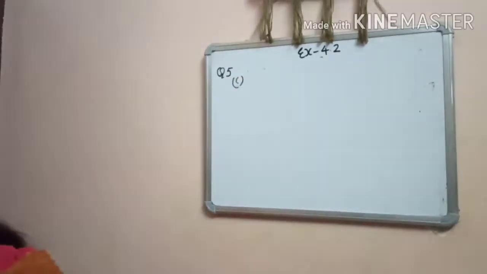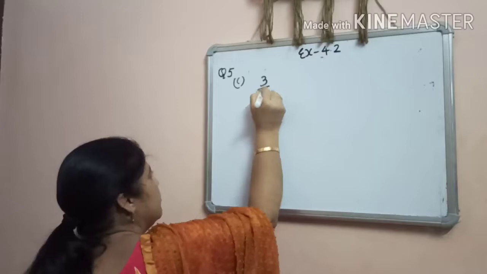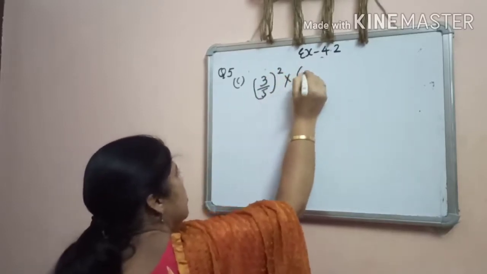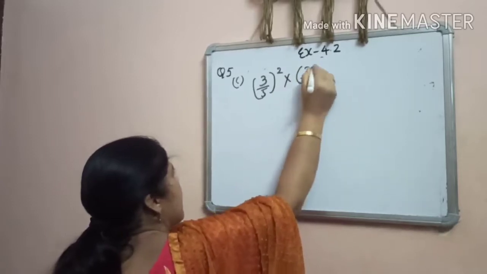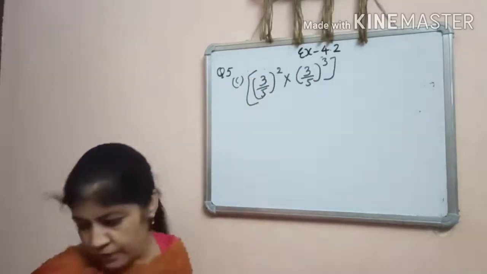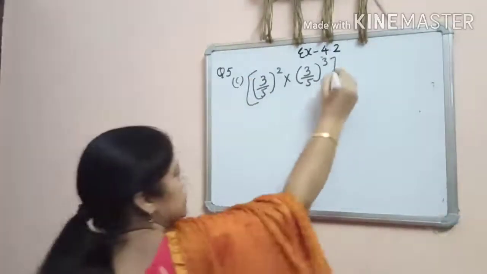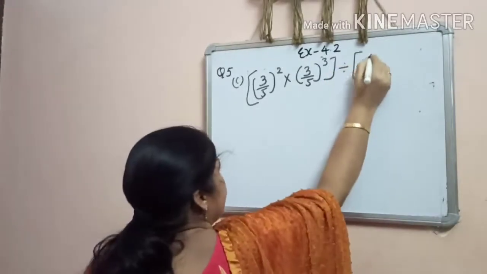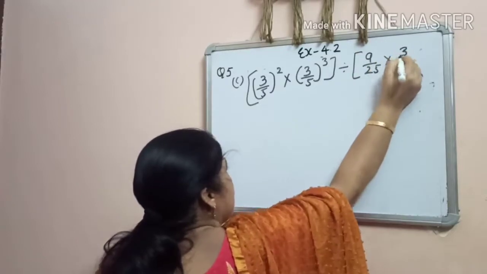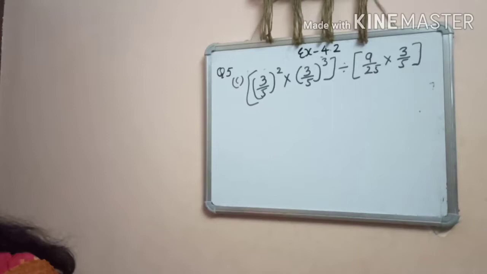Simplify 3 by 5 raised to the power 2 multiply by 3 by 5 raised to the power 3 whole bracket and then divided by 9 by 25 multiply by 3 by 5.